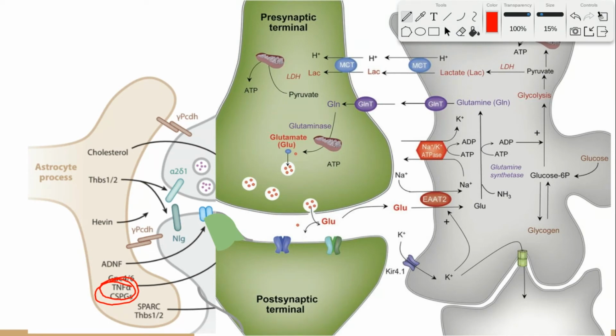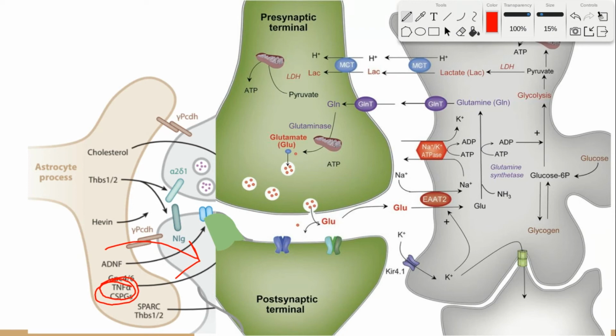Another important player, which I don't think is shown here, is ATP. ATP is probably the classic gliotransmitter, astrocyte derived transmitter, and it activates P2Y receptors, and that's really, really important as well.